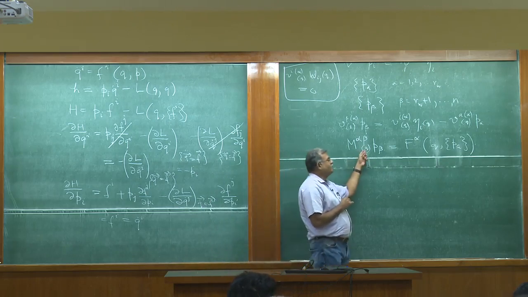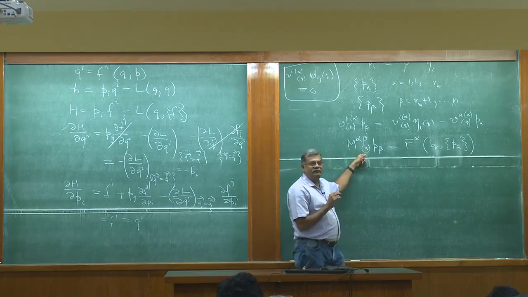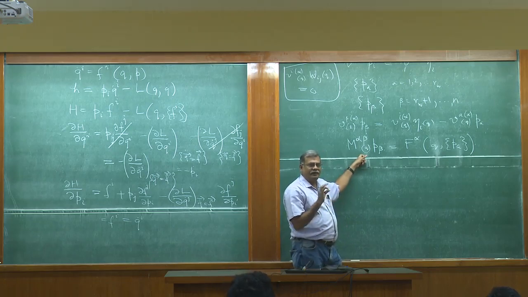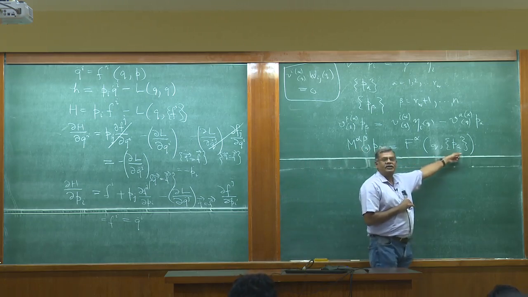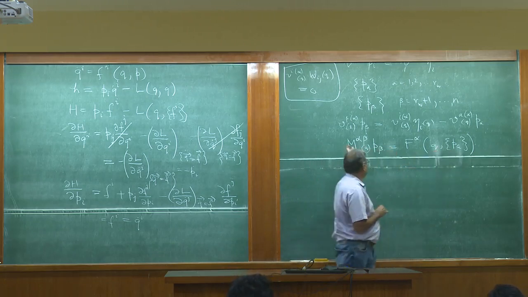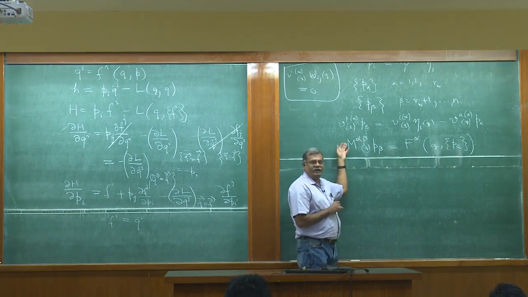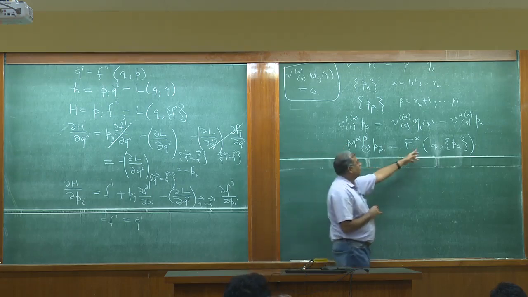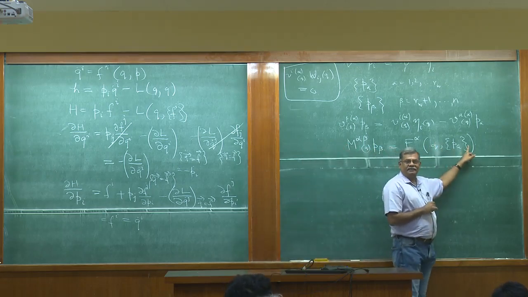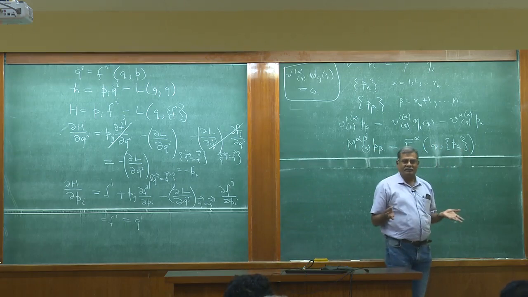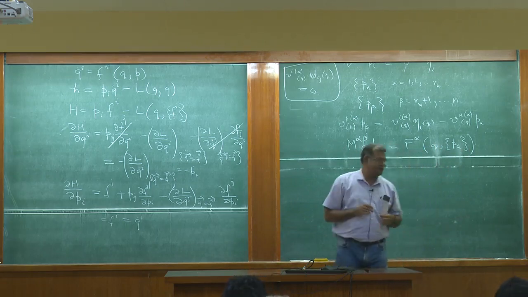Suppose the M alpha betas were not invertible. If they were not invertible, it would have a null eigenvector, at least one. And using that you can immediately show that there will be a connection between. So, if you hit with a null eigenvector, this side will vanish. So, you will get a connection involving Q's and PAs, which means PAs will no longer be independent, which is a contradiction, of course, right?